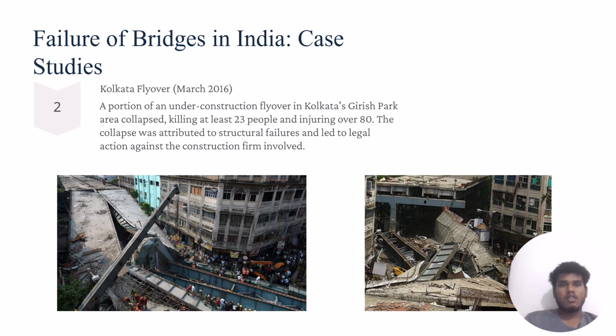The next one is the Kolkata flyover, March 2016. A portion of an under construction flyover in Kolkata's Girish Park area collapsed, killing at least 23 people and injuring over 80 people. The collapse was attributed to structural failure and led to legal actions against the construction firm involved.